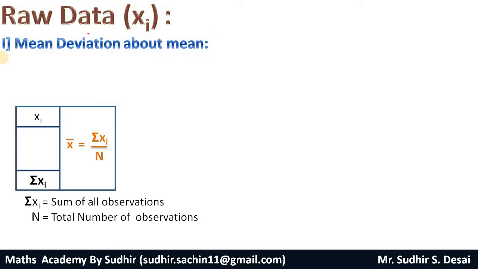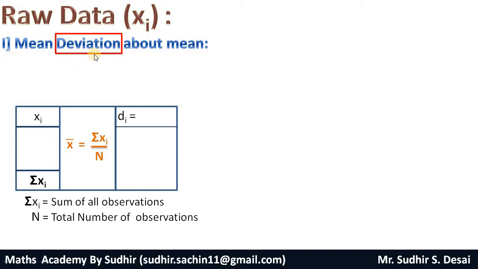Now we are going to find the deviation, denoted by the letter di, and this deviation we have to calculate from the mean. How to find this column of di? di is obtained by subtracting the mean, that is x bar, from all xi.